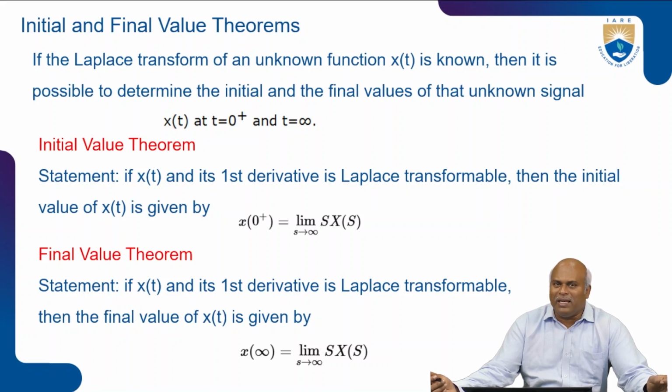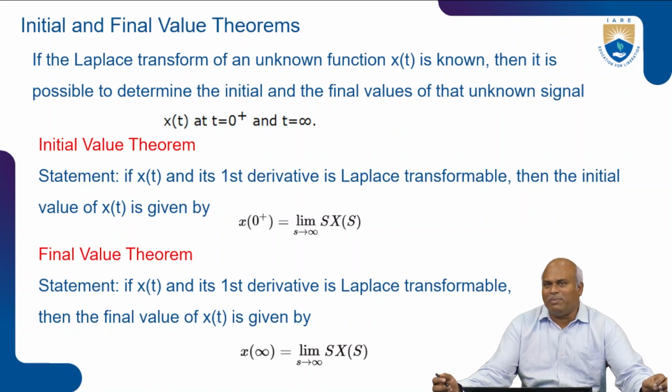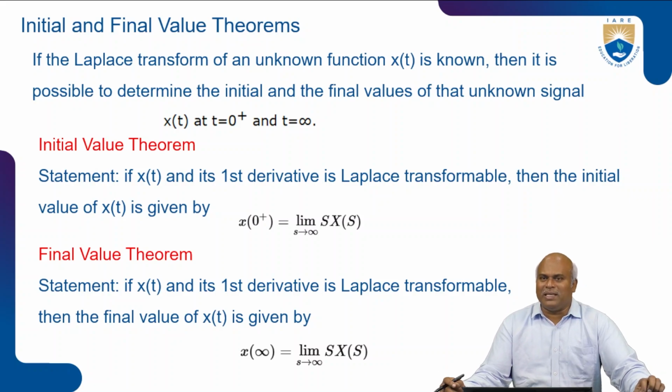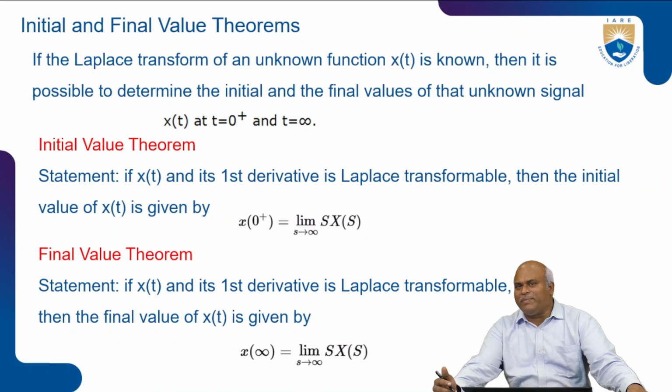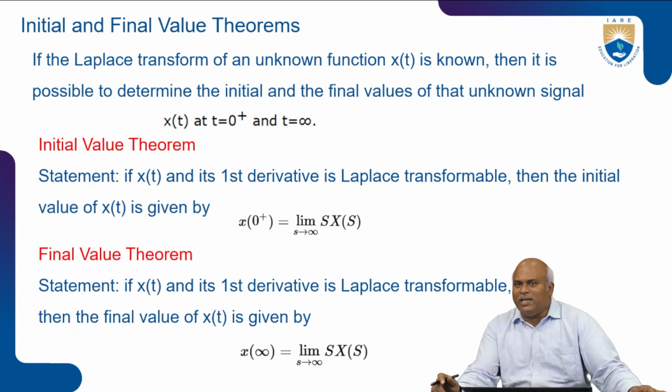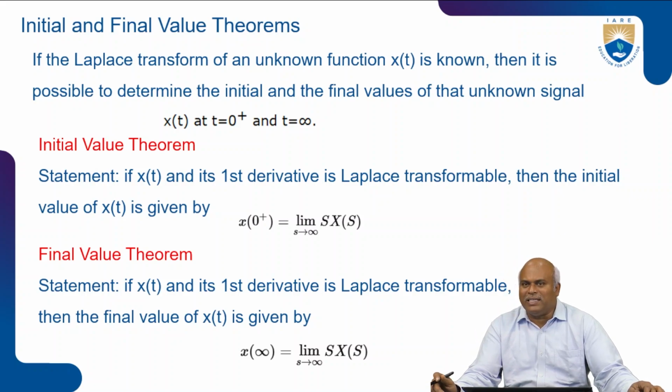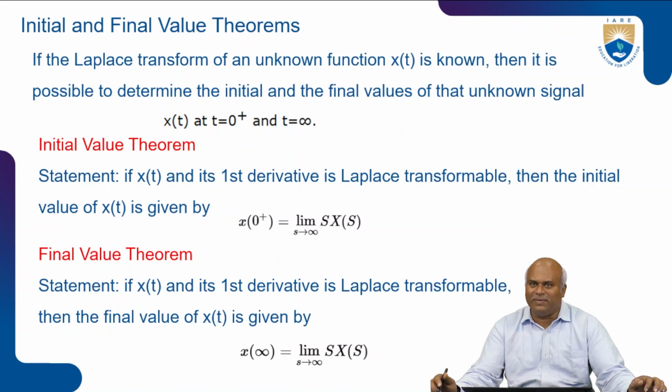Then the final value theorem: if x of t is a continuous time signal with a first derivative that has a Laplace transform, then the final value of x of t is given by x of infinity equal to limit s tends to infinity of s x of s.